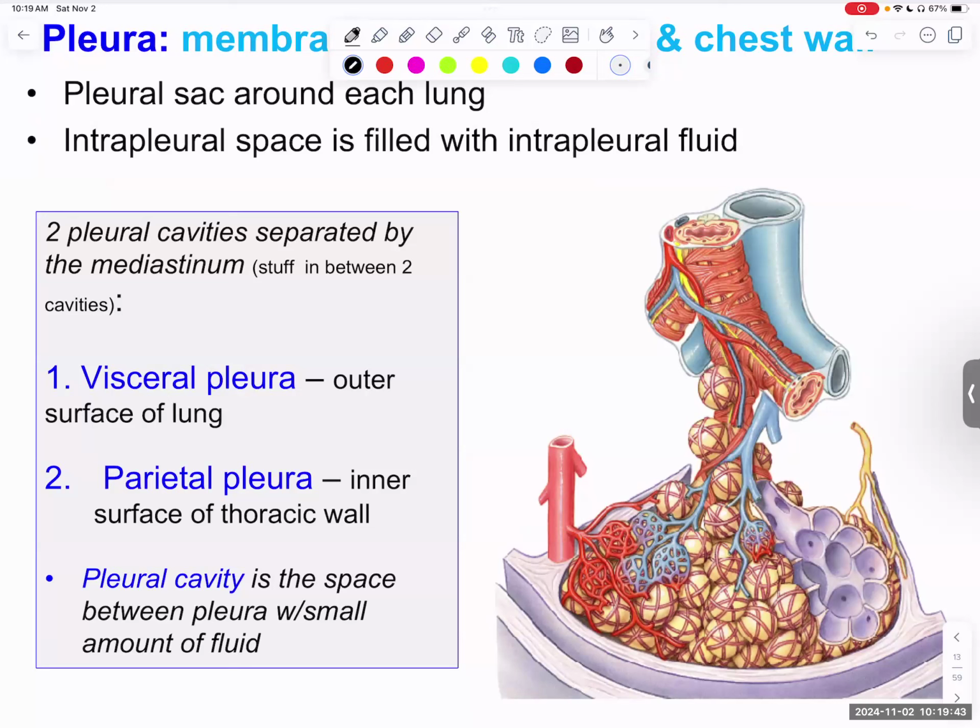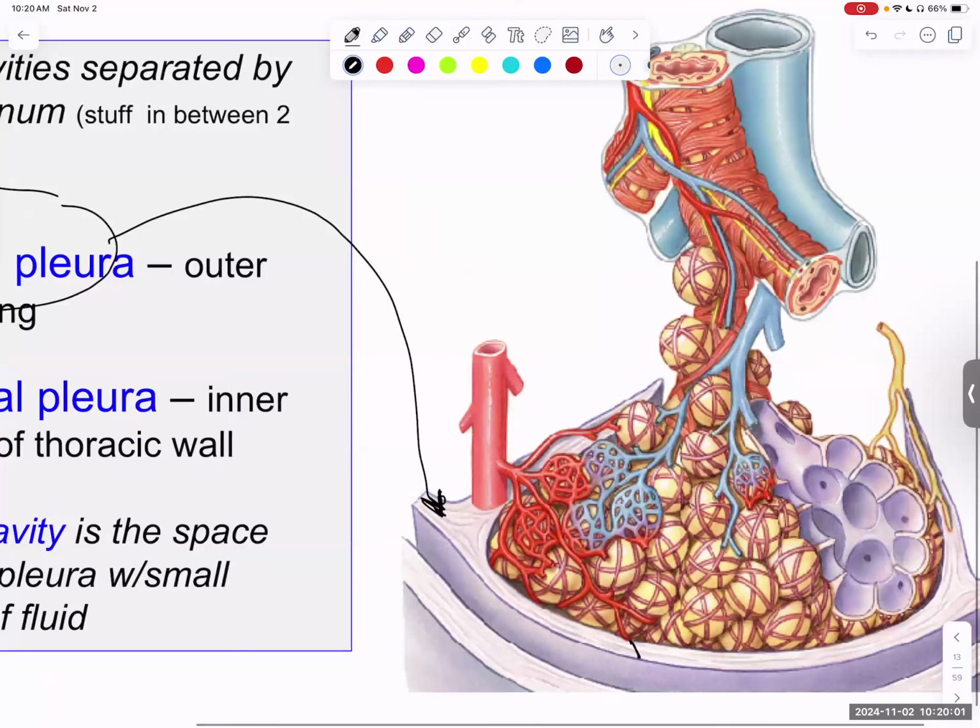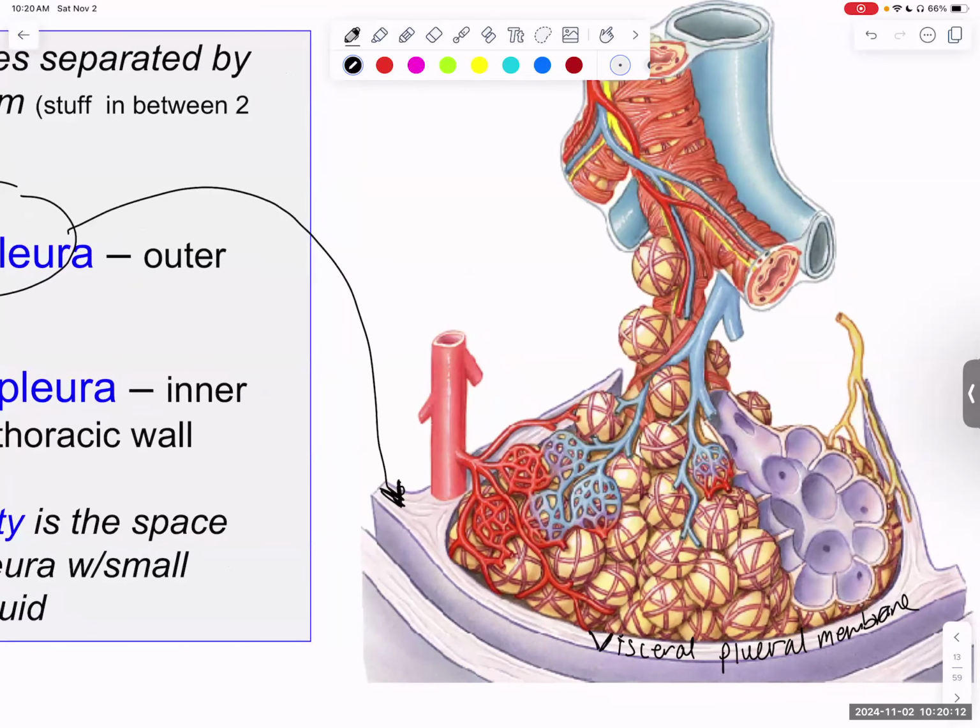Our lungs are surrounded by serous membranes that make up the pleural cavity. Those serous membranes, the inner membrane is the visceral pleura. This is actually attached to the lung tissue itself. So if we're looking at this, right here is the visceral pleural membrane. And there's a little spacer cavity. So we have the pleural cavity in here. There's a little bit of serous fluid, just a tiny bit.